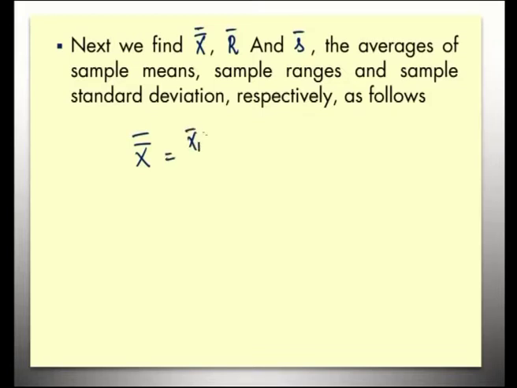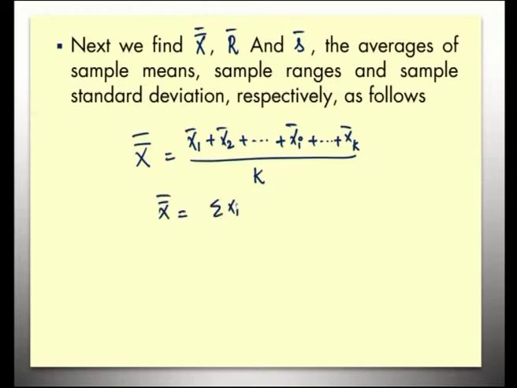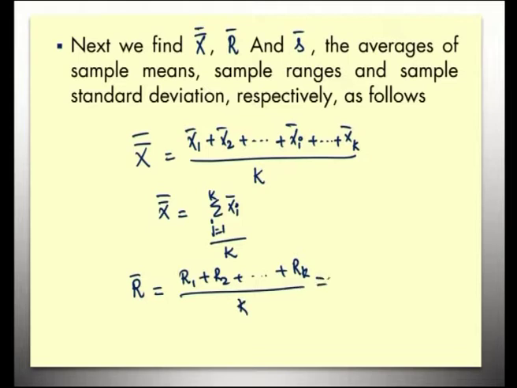So x1 bar plus x2 bar plus etc. xi bar plus etc. xk bar, divided by k, the number of values added. It is written as x bar bar is equal to summation xi bar, i equal to 1 to k, divided by k. Similarly, R bar is calculated. R bar is R1 plus R2 plus etc. Rk divided by k, which is summation i equal to 1 to k of Ri divided by k.